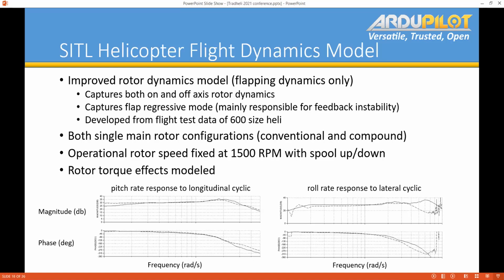So the other enhancement over the past year, like I said, as I was getting ready for auto-tune and trying to develop it, I decided that I needed some sort of simulation accurate enough to test the auto-tune before I went into flight. I realized quickly that real flight rotor dynamics are not modeled very accurately.